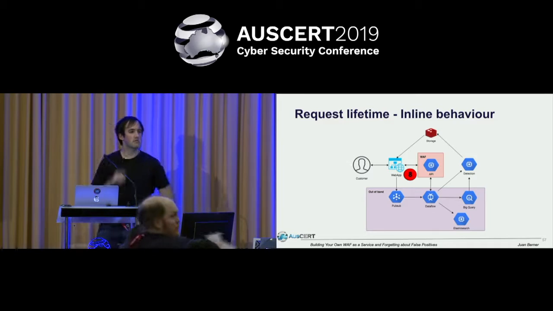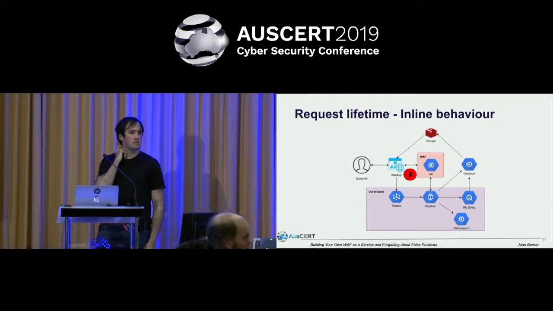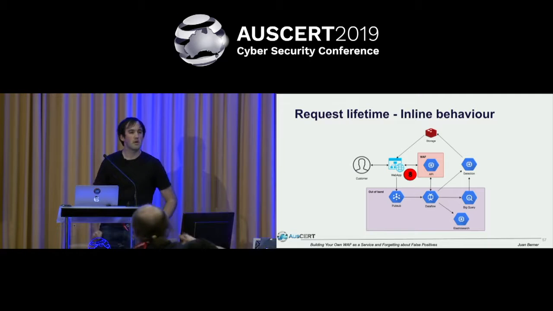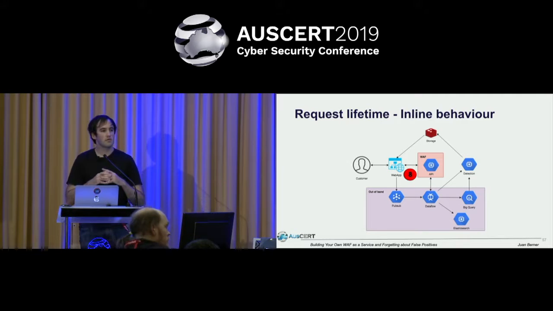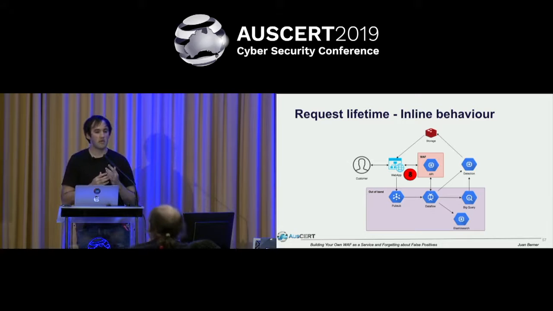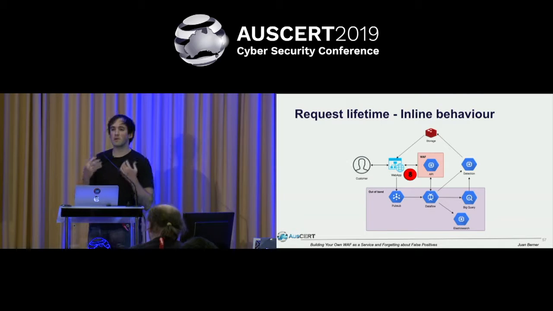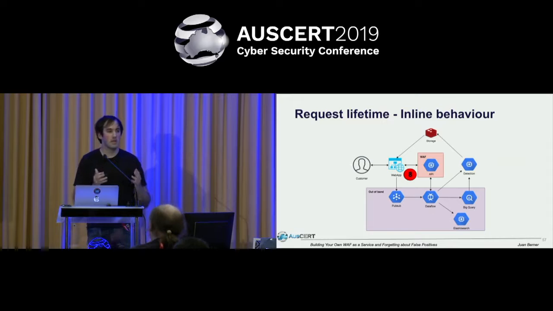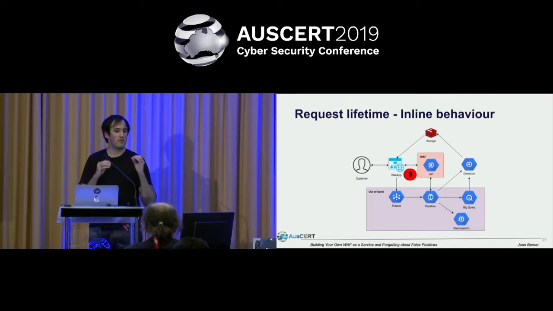Yes? What happens if your first request is malicious? Just repeat the question. Yes, so the first request is malicious, does it just serve whatever? Okay, so the question is, what happens if the first request is malicious? Here's the tricky part, which I mentioned in the caveats. If you know that, for example, some particular fingerprints allow you to understand that this is a 0-day, you would want to have them on the cache.